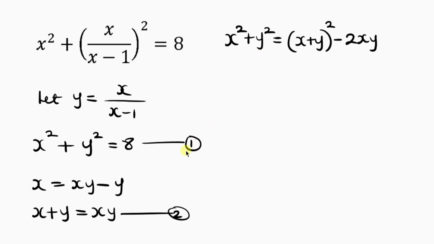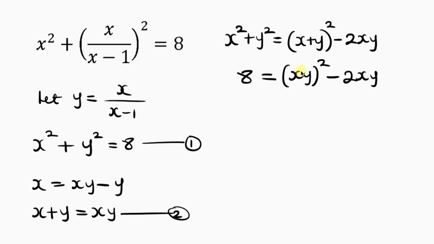From equation 1, I saw that x squared plus y squared is equal to 8, so I'm going to be putting 8 in place of this. So this is going to be 8 equal to (x plus y) squared minus 2xy. What is x plus y? I can get that from equation 2: x plus y is equal to xy. So I'm going to be putting xy here and raising that to the power of 2, minus 2xy.